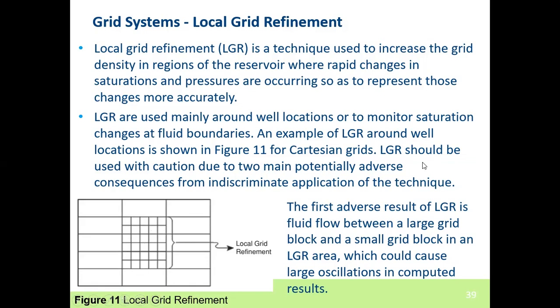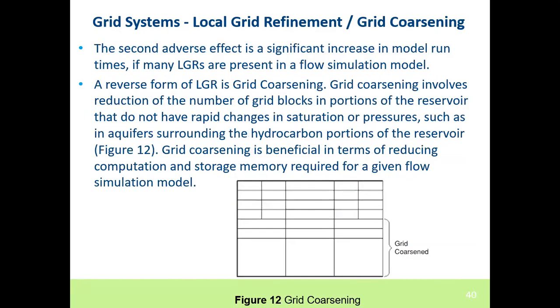Local grid refinement should be used with caution due to two main potential adverse consequences. Of course, one is that in capturing flow between the large block and small block, you could have some oscillations in results, but most simulators capture local grid refinement to a large degree with minimal errors.